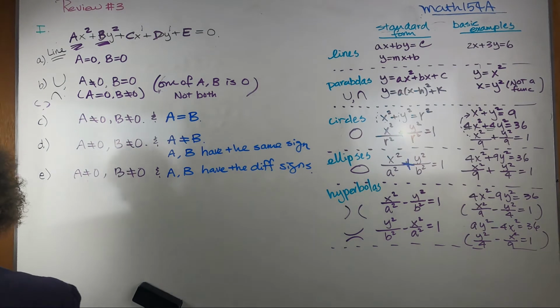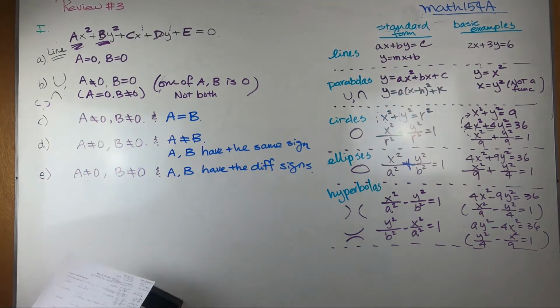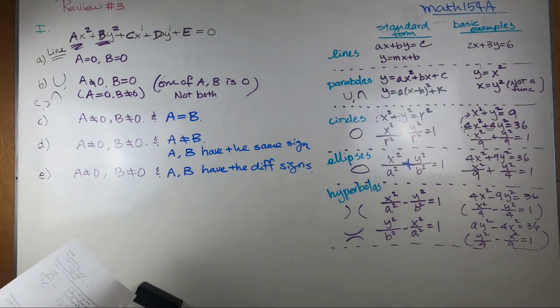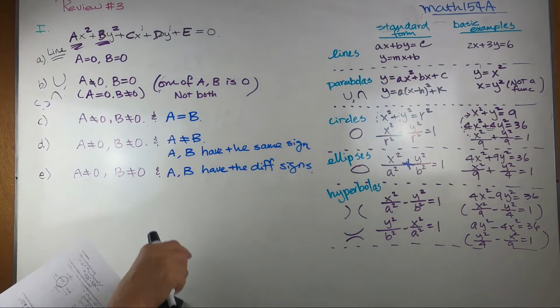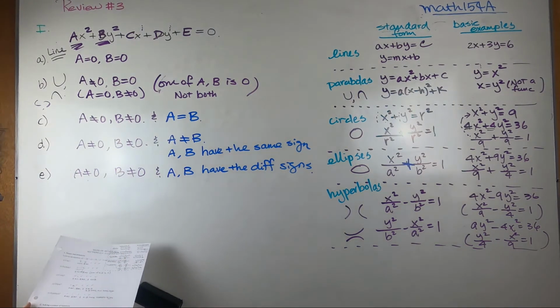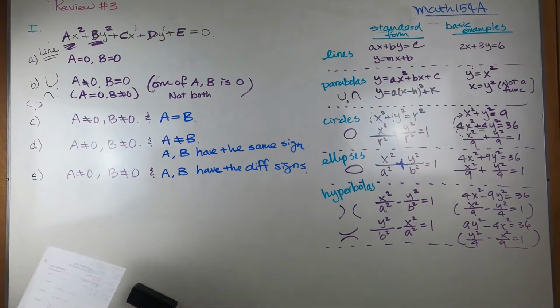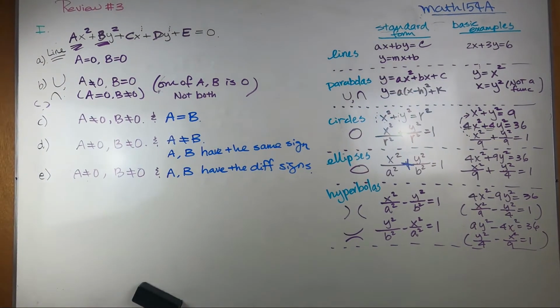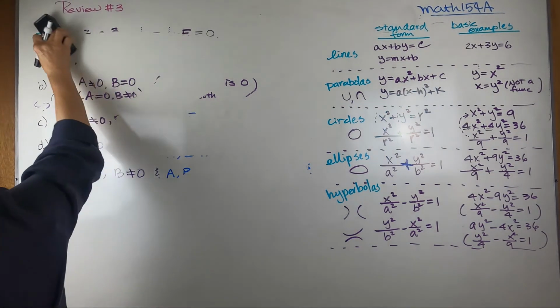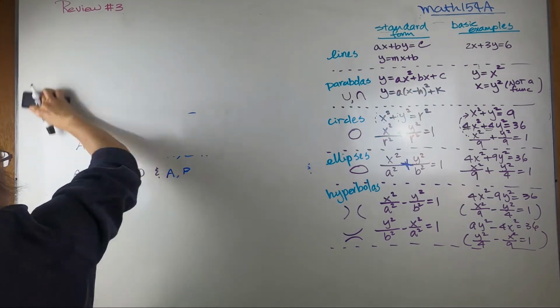All right, so that's the situation. Then, besides graphing, we are also going to find the intercepts. Okay, so let's take a look at the examples. I'm going to erase this, then do some examples.